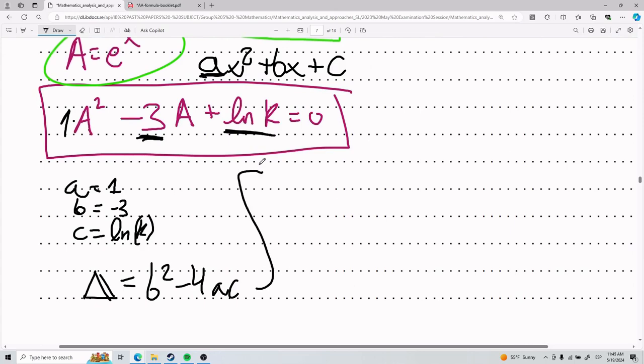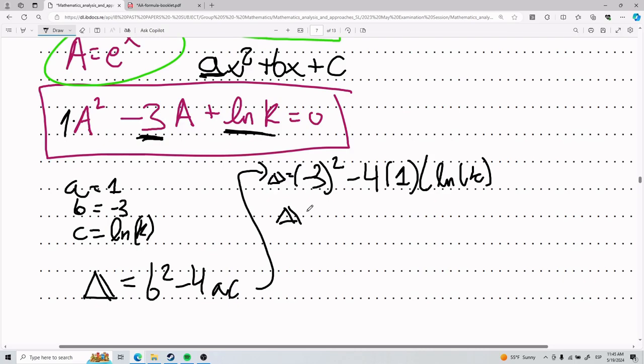If you go ahead and plug in, you end up with b squared, negative 3 squared, minus 4 times a, which is 1, times c, which is ln k. And so all of this equals your discriminant, okay? So your discriminant ends up being 9, because negative 3 times negative 3, minus 4 ln k.